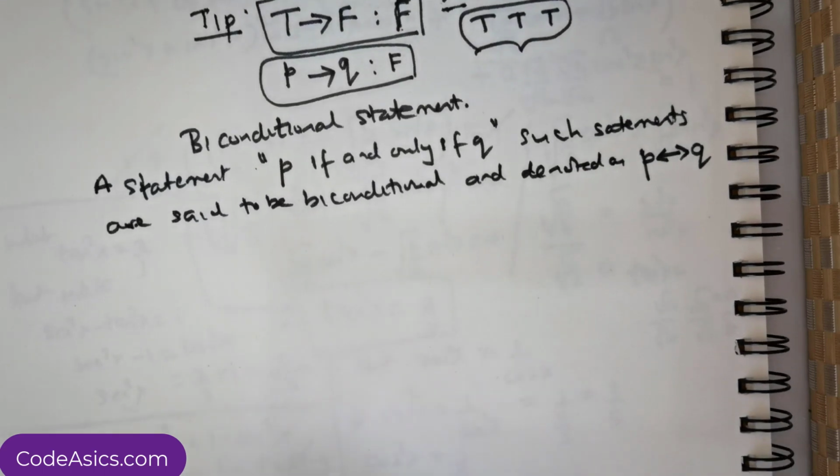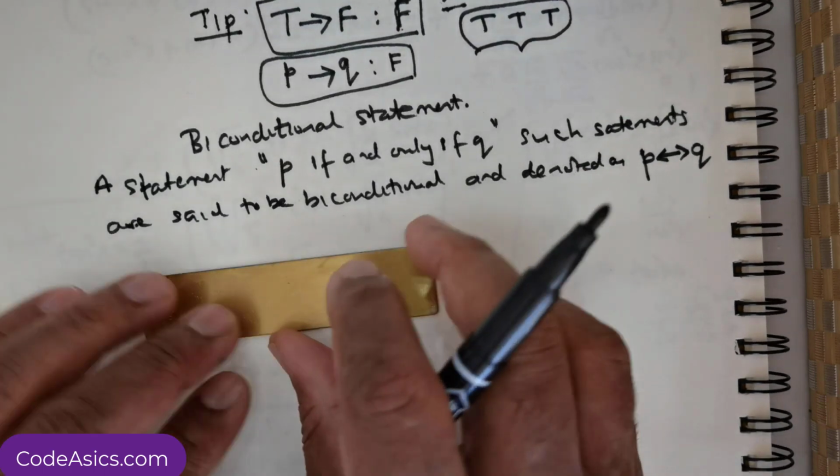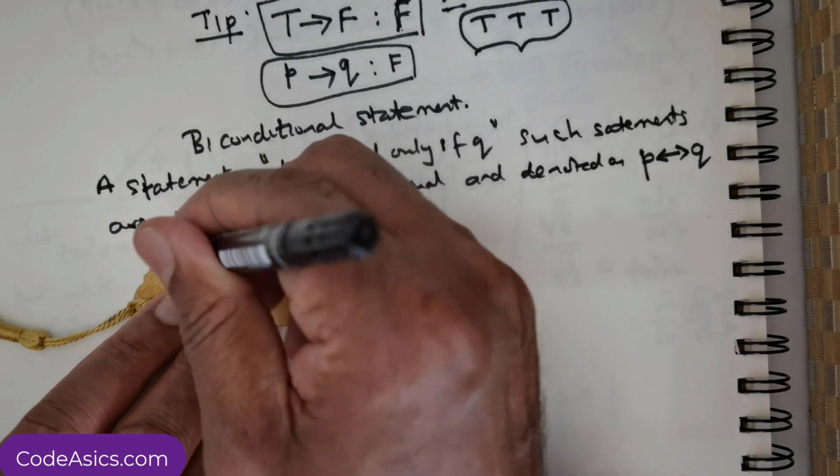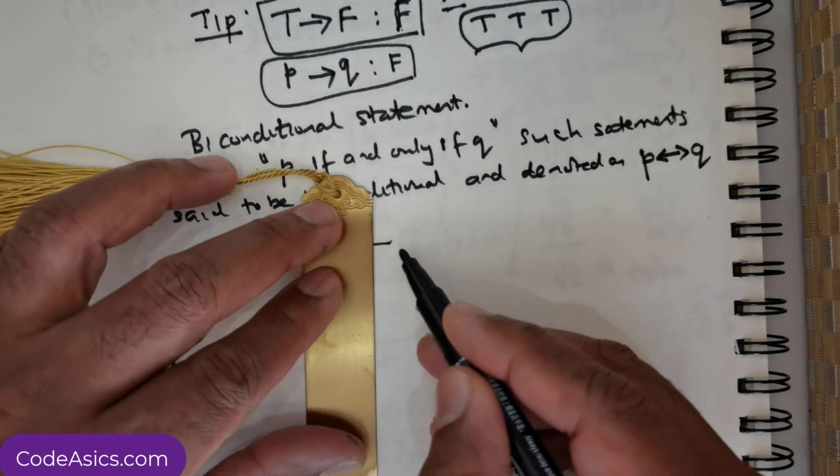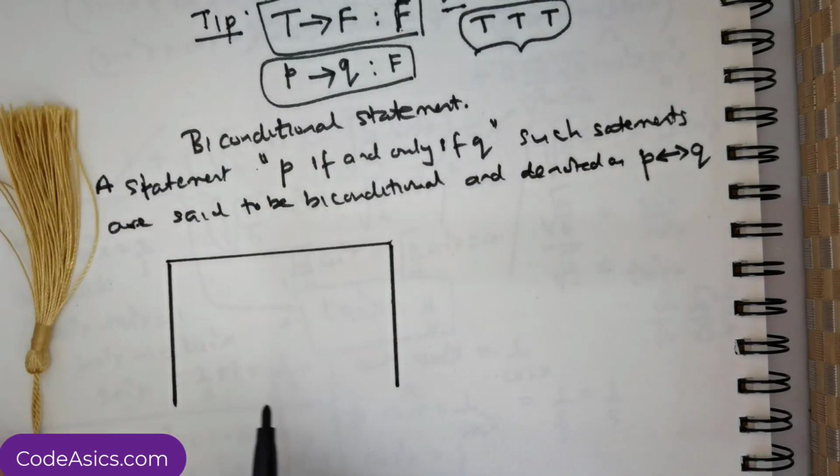Now let me draw the table and give you the outcome. Now there is an easier way to understand this. Apparently if you see the table, it might be a little bit daunting to understand.